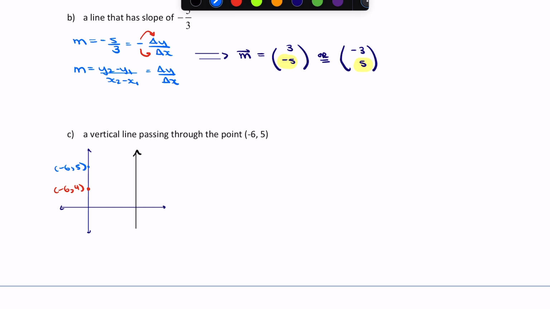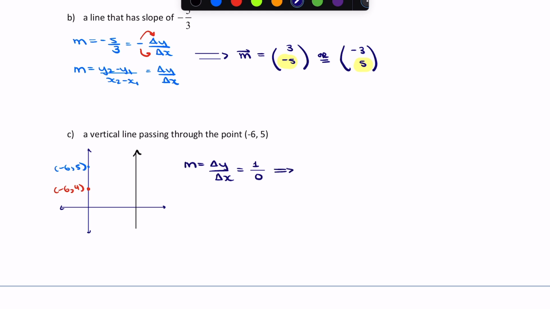What we see here is that our slope will be equal to delta y over delta x. Because it's a vertical line, our change in y here is 1, but our change in x is going to be 0.